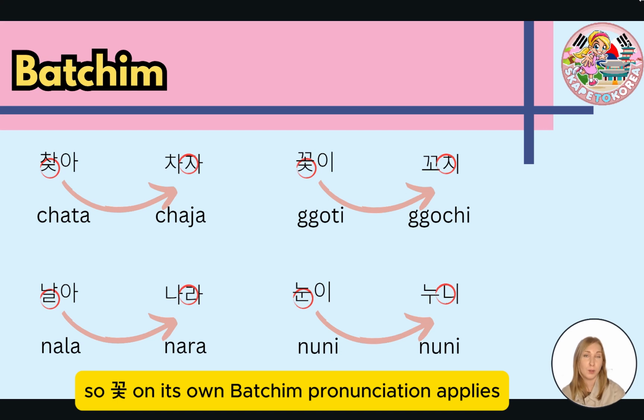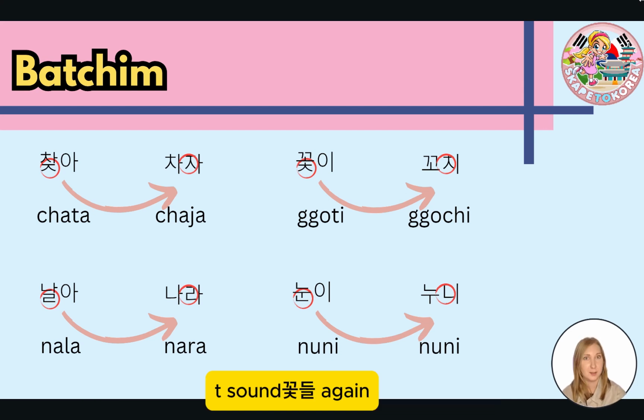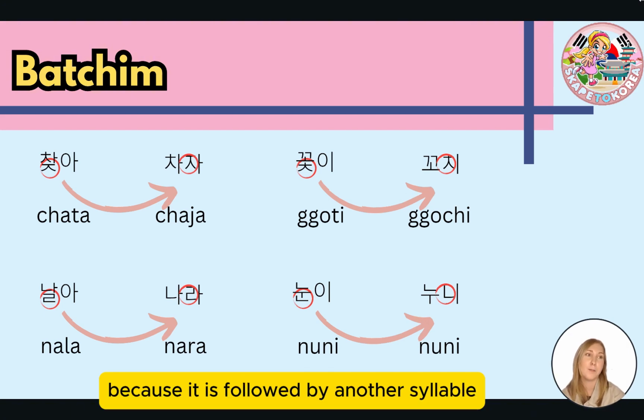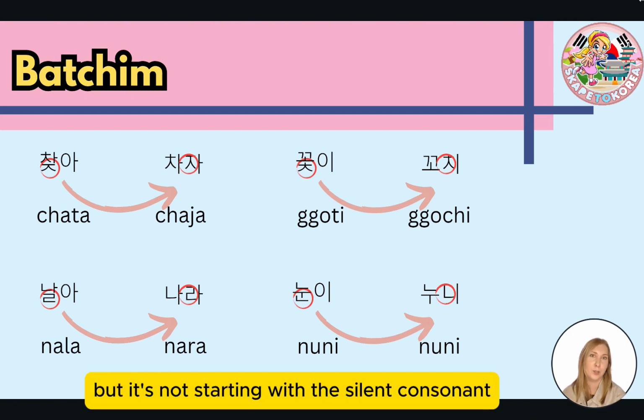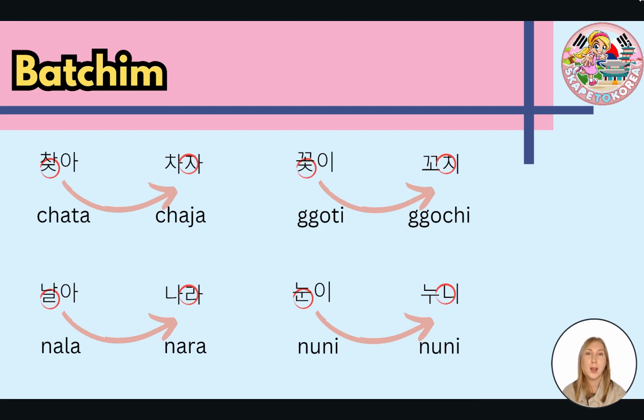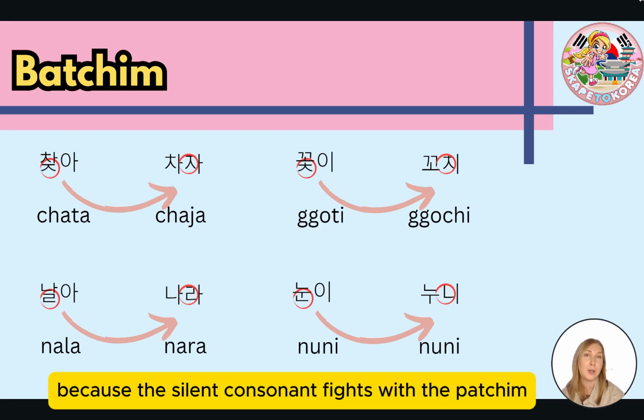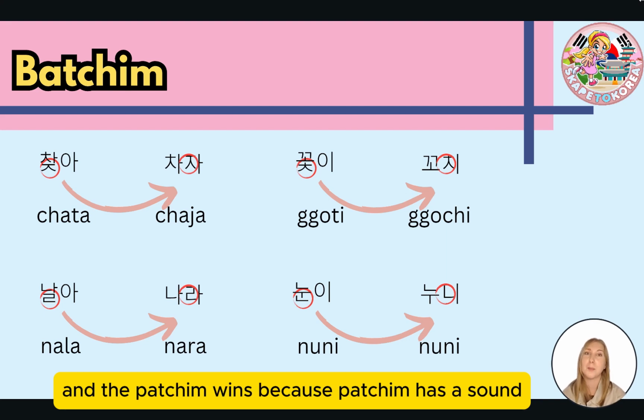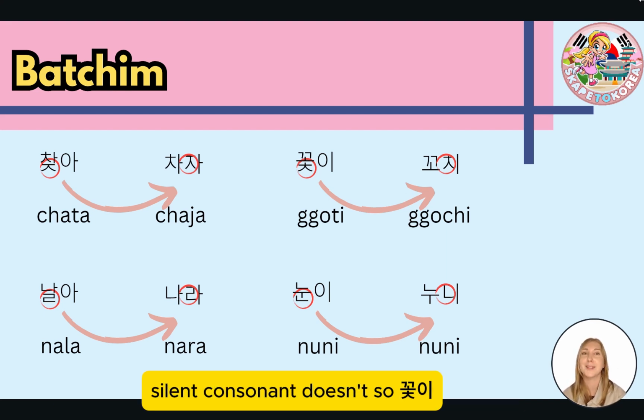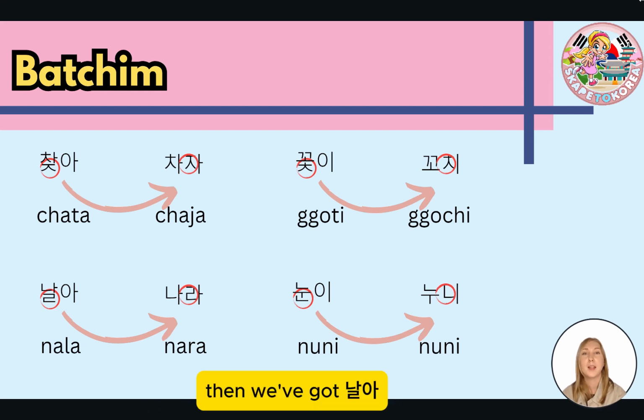So 곧 on its own, 받침 pronunciation applies. The sound, 곧들, again, because it is followed by another syllable, but it's not starting with the silent consonant. And 고치, because the silent consonant fights with the 받침, and the 받침 wins because 받침 has a sound, silent consonant doesn't, so 고치.